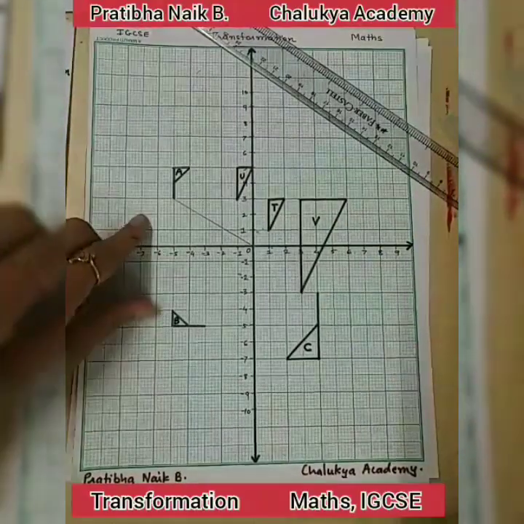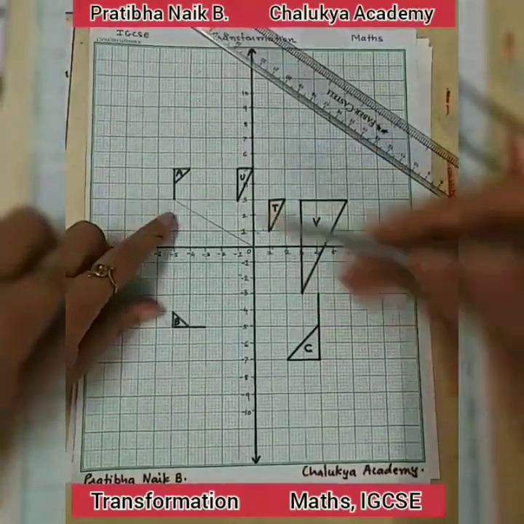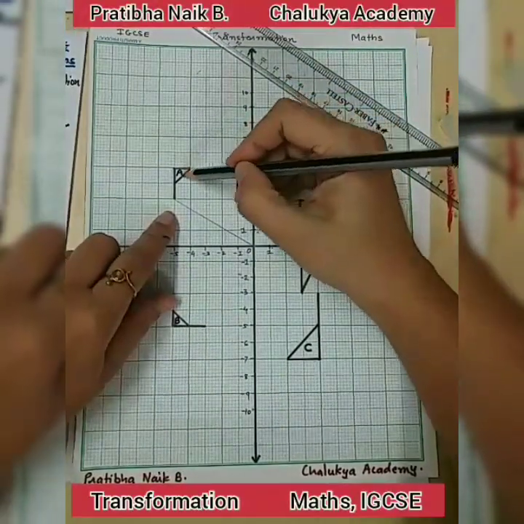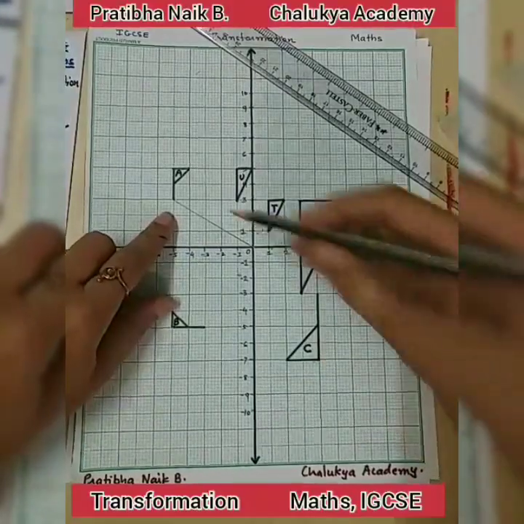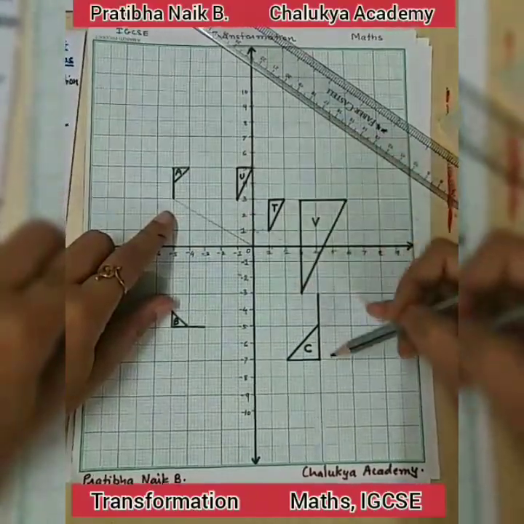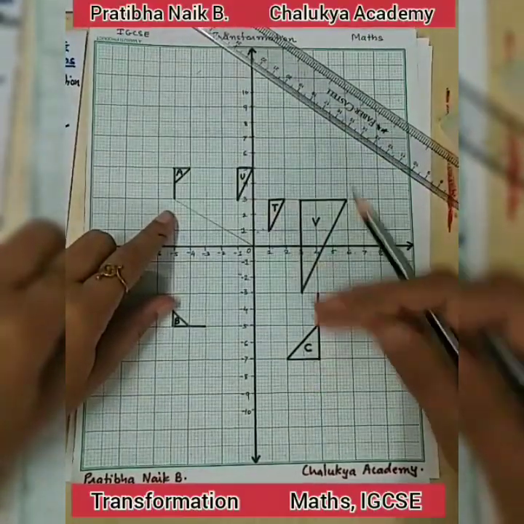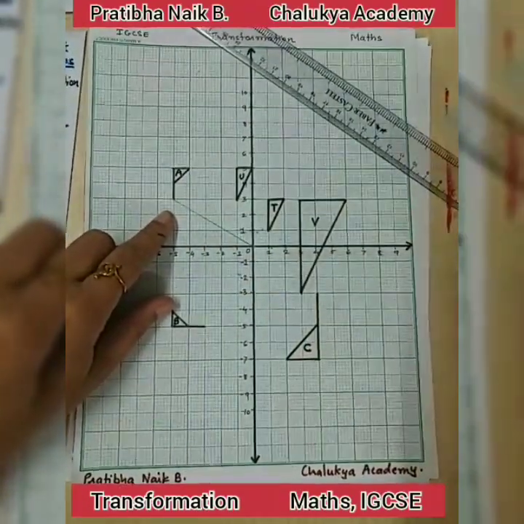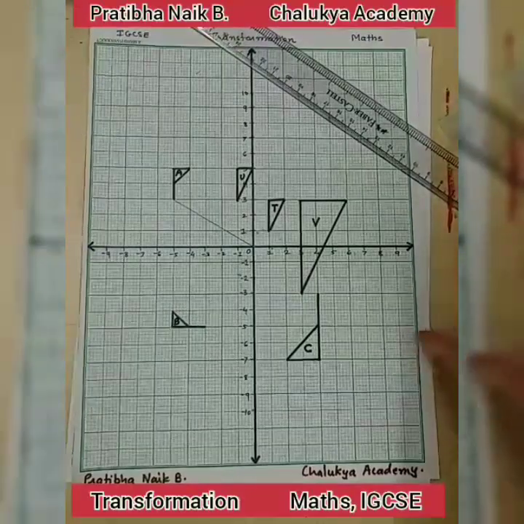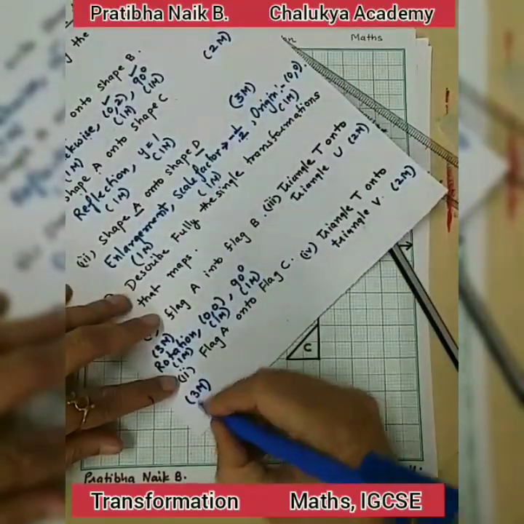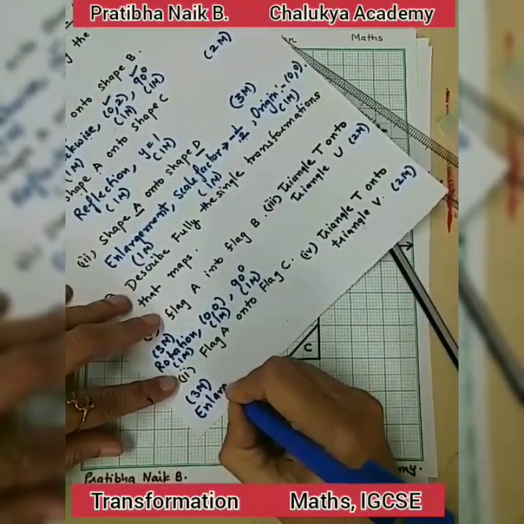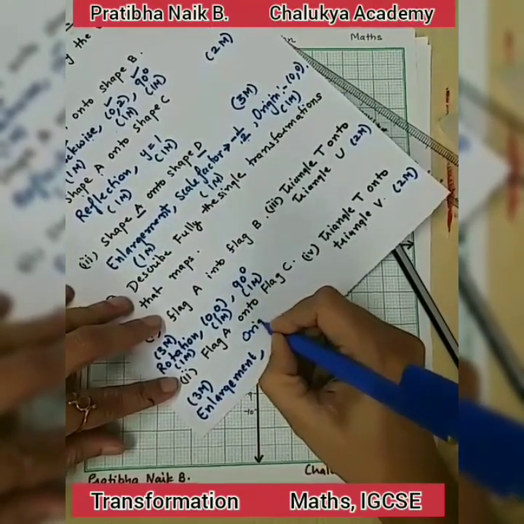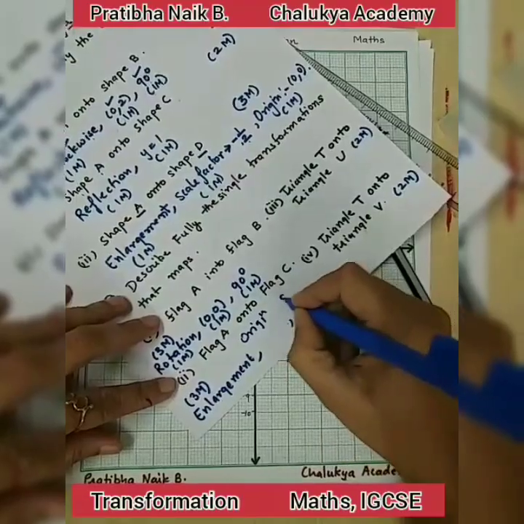Now we will go to flag A to flag C transformation, or that transformation that maps flag A onto flag C. Now here you can easily make out that there is an enlargement. Okay, because the shape is changed, shape is increased, so this is enlargement. So first point we got that this should be enlargement. Okay, so now what we want is origin and scale factor.